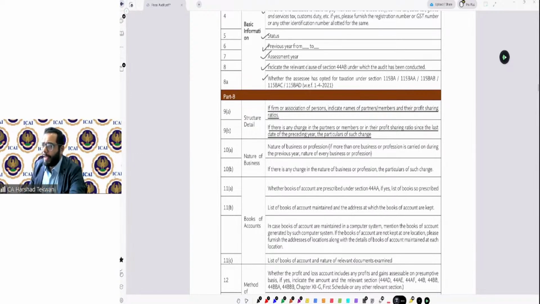Come on, come on. Quickly, guys. From where will you audit the details of the partnership firm, like structure, members, profit sharing ratio, from where? Simple question. Nothing difficult in this.